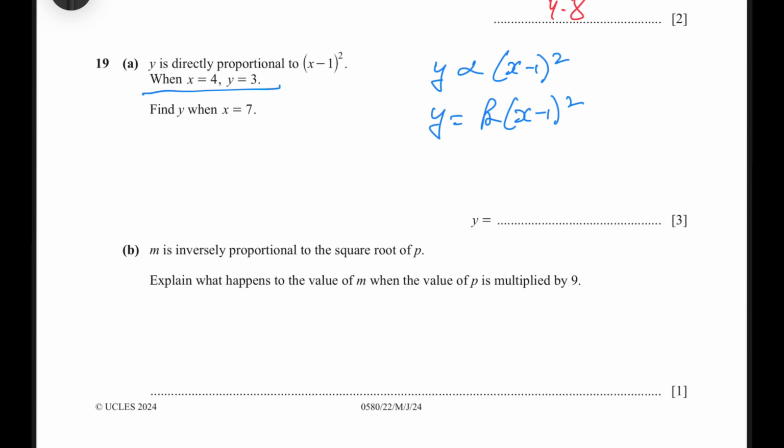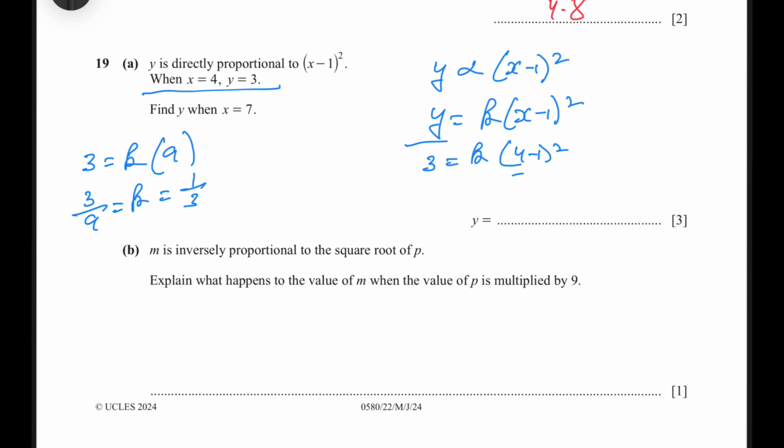So substitute these values: 3 equals k times (4 minus 1) whole squared. 4 minus 1 is 3, and 3 squared is 9. So 3 by 9 equals k, which equals 1 by 3. So now the value of k is 1 by 3. We can rewrite this equation: y equals 1 by 3 of (x minus 1) whole squared.